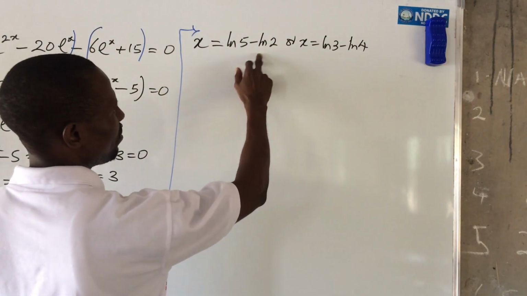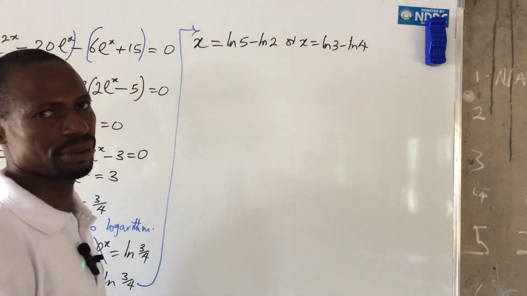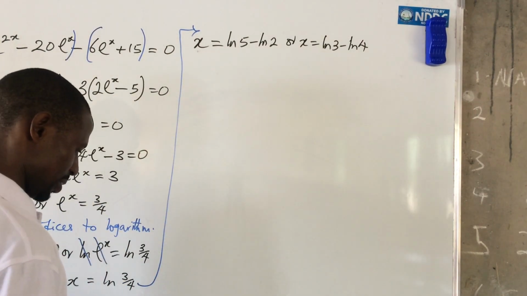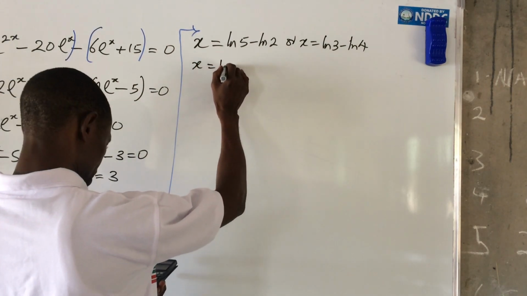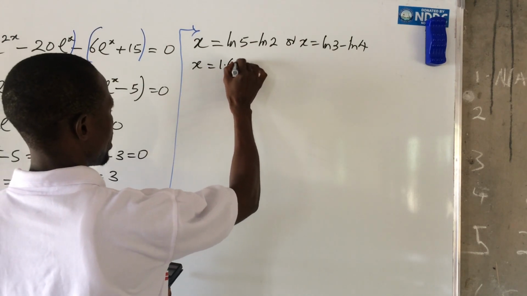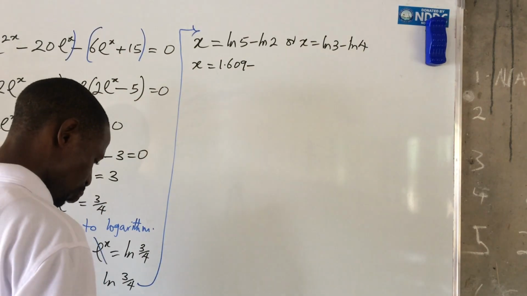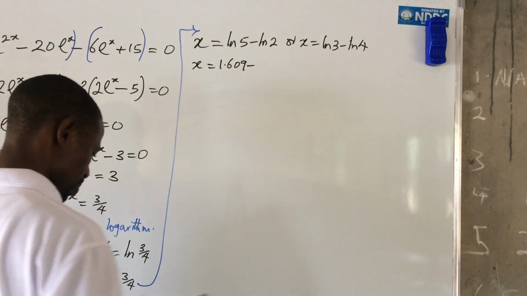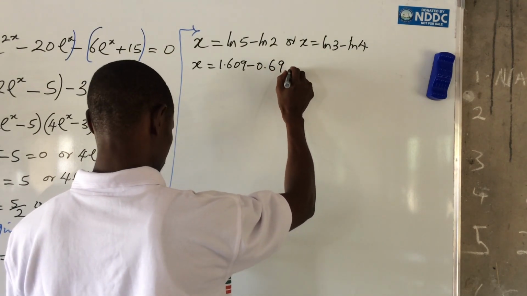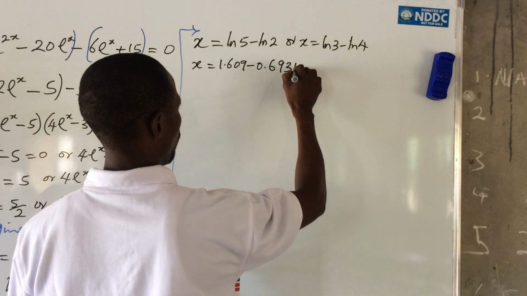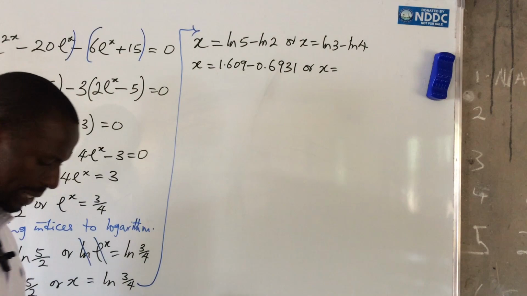Now that we have ln 5 minus ln 2, we go to our calculator and bring out the value. Push in ln 5. ln 5 will give us, here we have x equals 1.609 minus ln 2. ln 2 will give us 0.6931, or the other side of it we are going to look at ln 3.